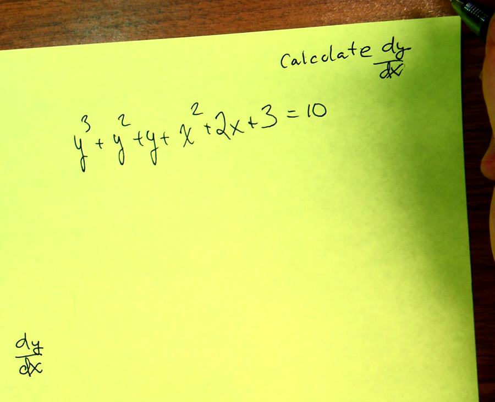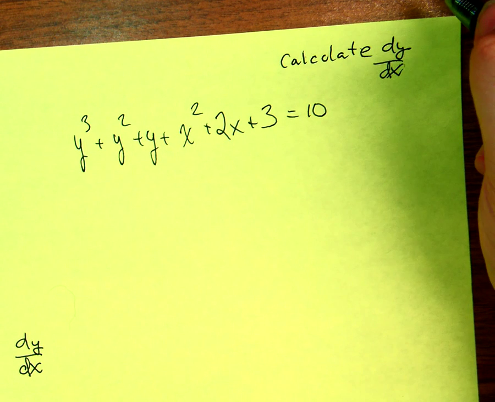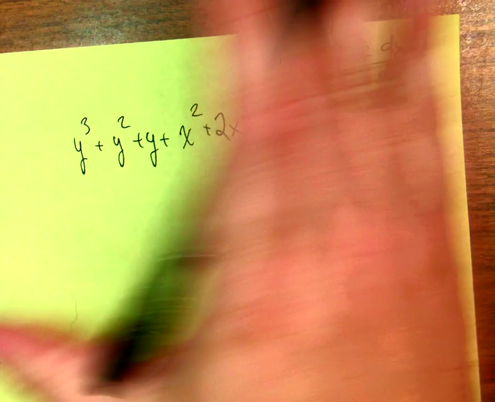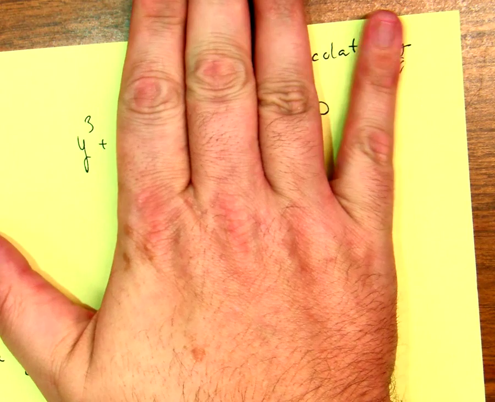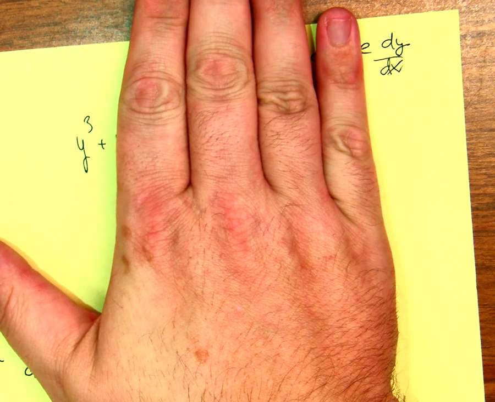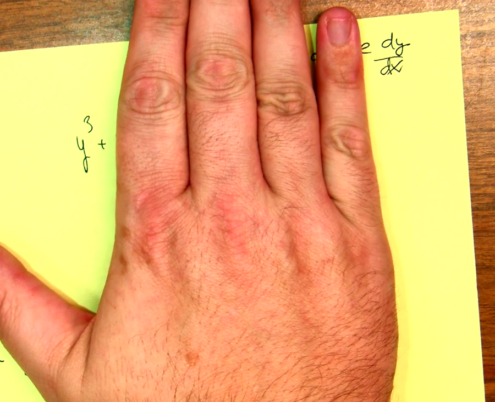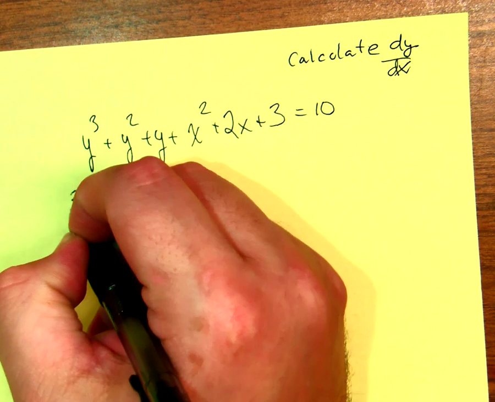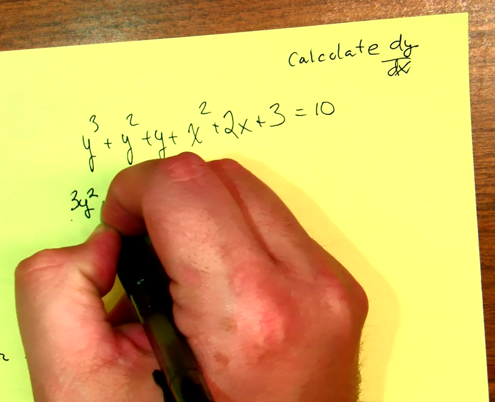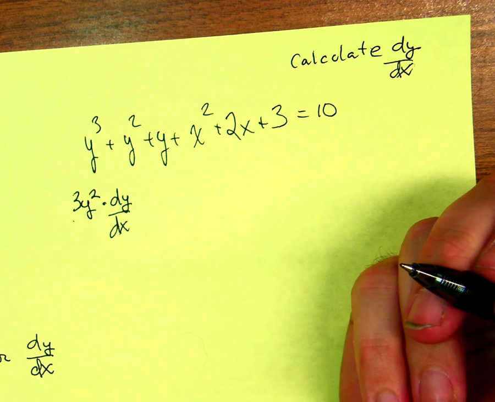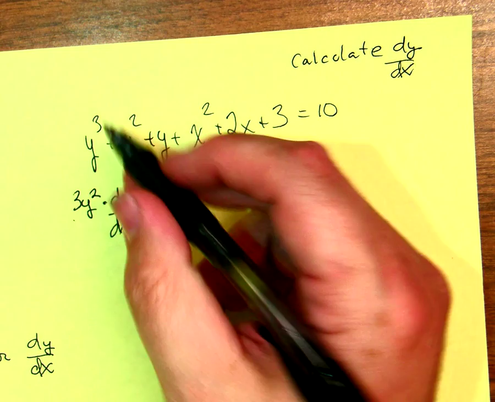But let's take this down to the most simplest thing that we could possibly do. Take a look at that. Can I take the derivative of y cubed? 3y squared, right? 3y squared times dy dx because it's not x. Now, can I take the derivative of y squared?